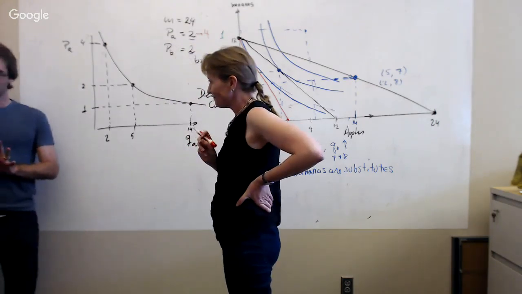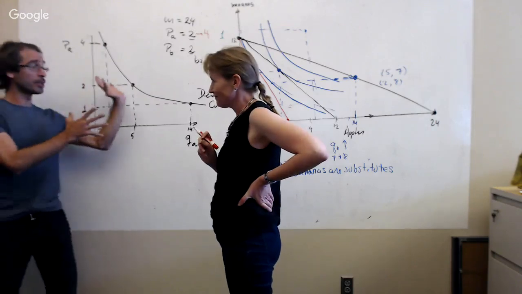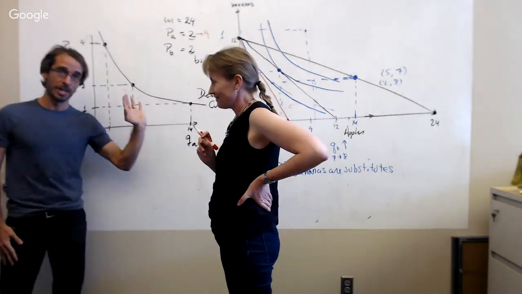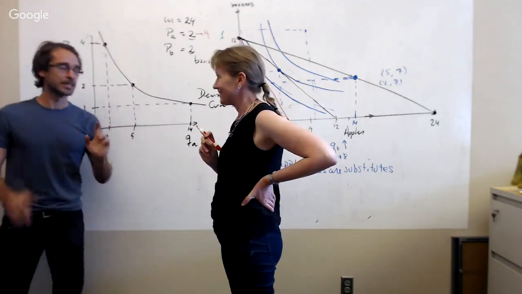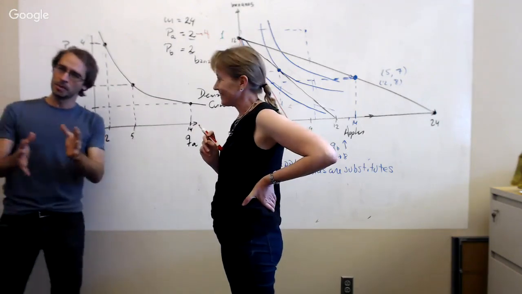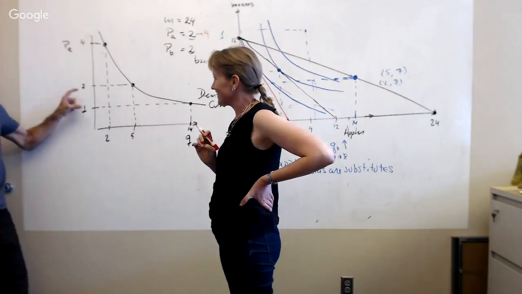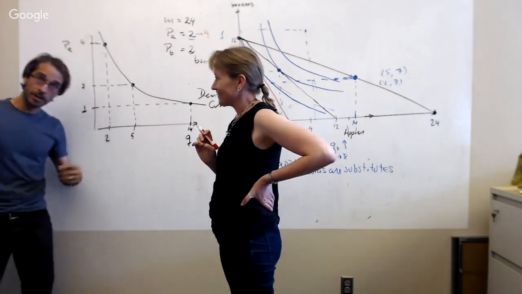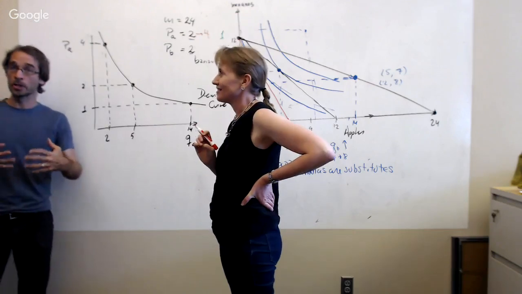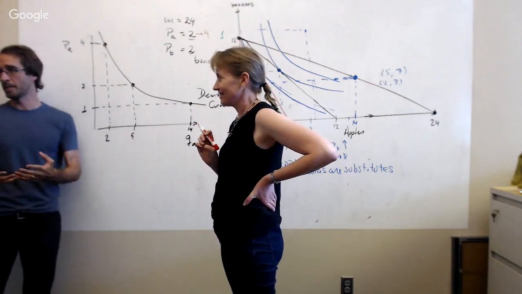My answer really depends on the curvature of the demand curve. And this one has a lot of curvature, so it's a little bit difficult to assess. But as a general rule, when the price is very low, a $1 increase in price is going to create a huge percentage increase in price.